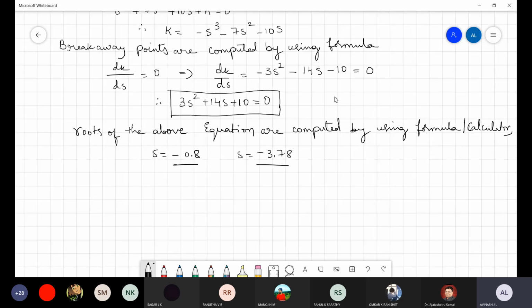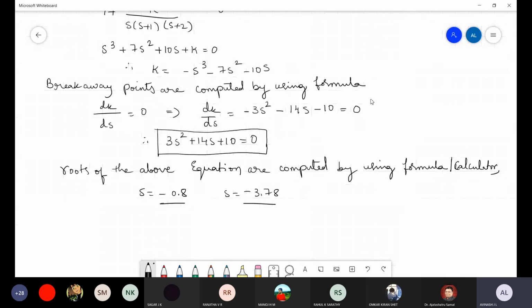You can just see this particular k equation what we got. K equal to minus s cube minus 7s square minus 10s. So in this equation, you need to put the s value, and you'll get the k value.